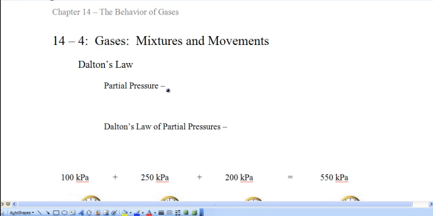All right. The first thing we want to take a look at is a mixture of gases and the pressures that those gases in the mixture exert. The partial pressure, which is the first definition that we want to tackle, is simply the pressure exerted by a gas in a mixture of gases.